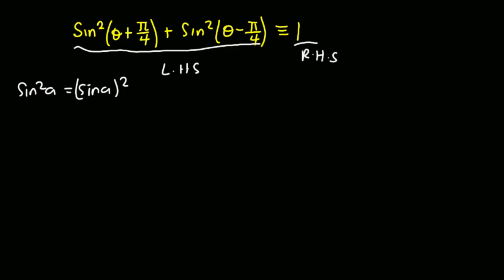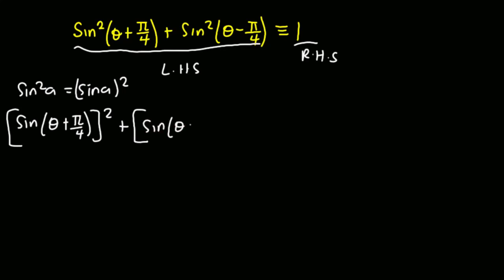So sine squared of theta plus pi on 4 is the same as sine of theta plus pi on 4 all squared. In this case, the A is theta plus pi on 4. So this plus, once again, gives sine of theta minus pi on 4, all these squared.